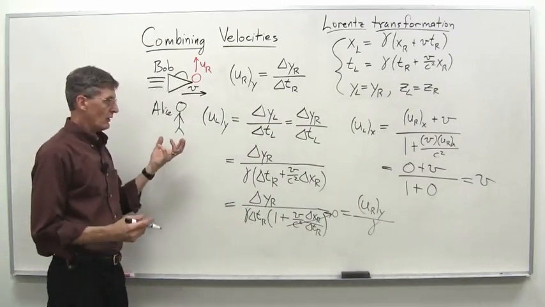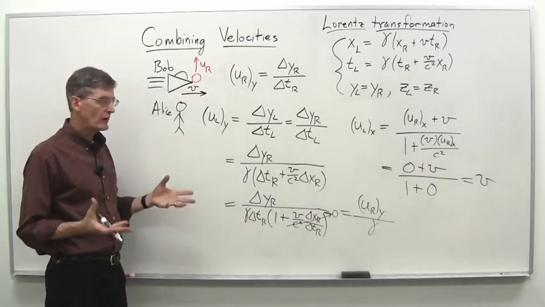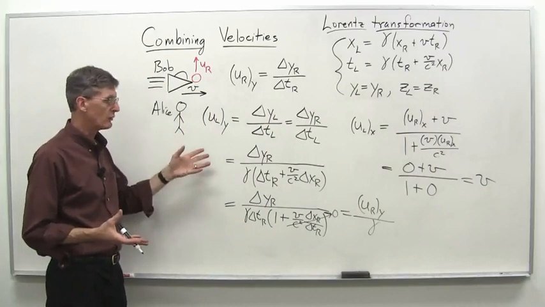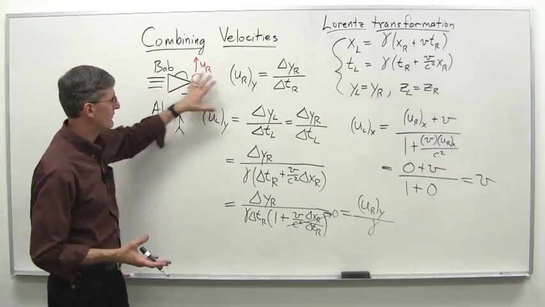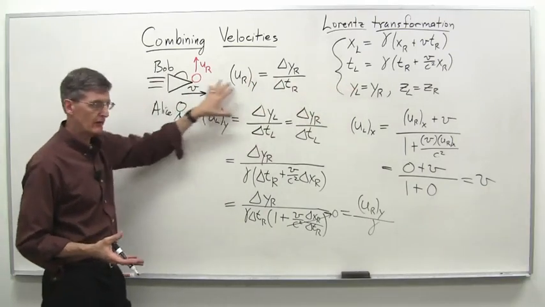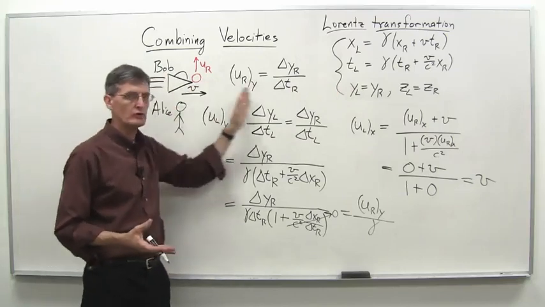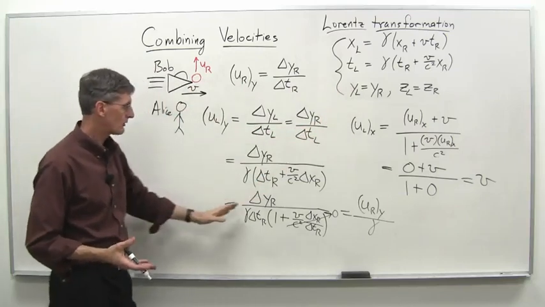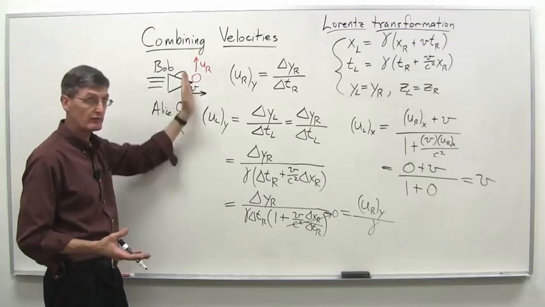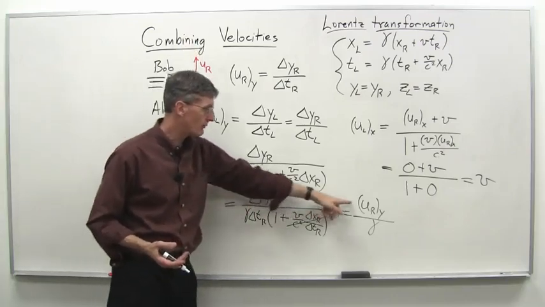So there are two components as we talk about the velocity here for Alice. One component is just the velocity v in the x direction, because that's just the motion of the spaceship. And the other component of the velocity in the y direction for Alice is u sub ry over gamma.